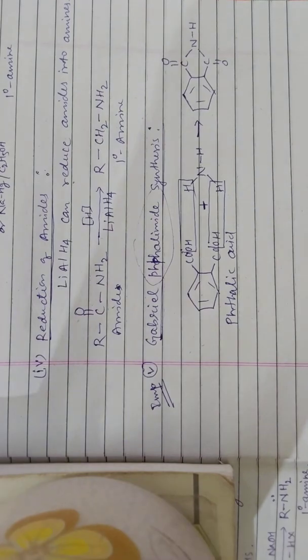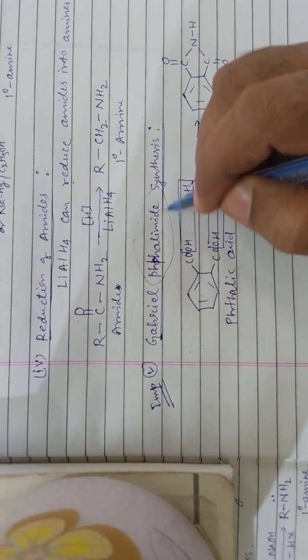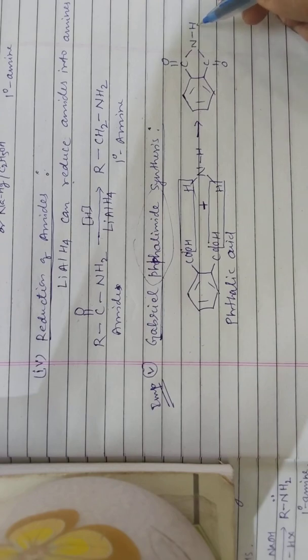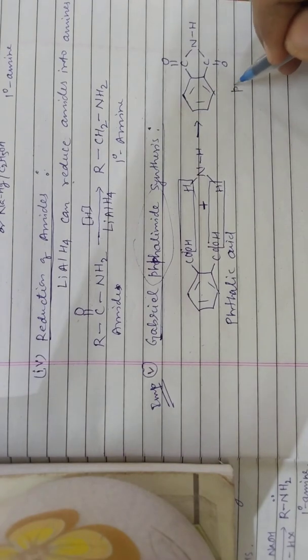So you see, in amide 2 hydrogens are there, but in imide 1 hydrogen is there. CO, here see, this nitrogen is bonded with 1 hydrogen only and 2 carbons. So this structure is called imide. So this is phthalimide.